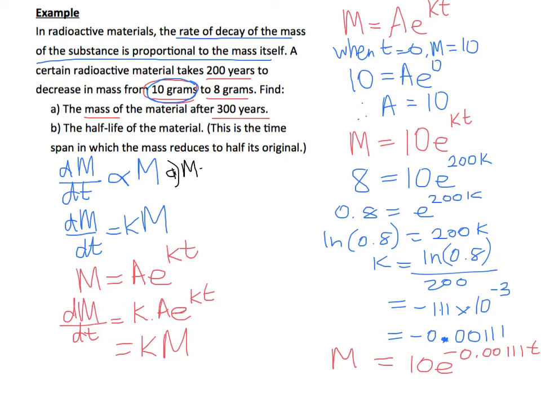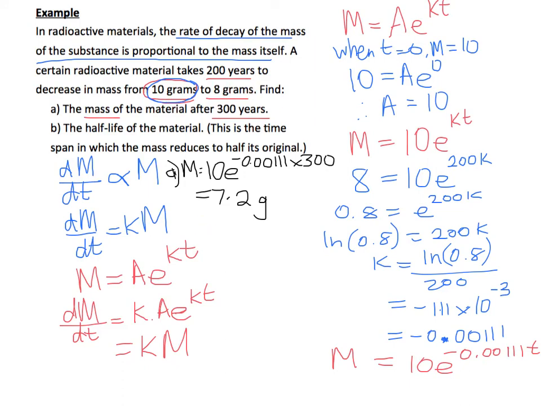So m is going to equal 10 e to the power of negative 0.00111 times 300. Okay, simple substitution. And we get 7.2 grams. Grams because the initial weight was in grams and so was the other weight just here.